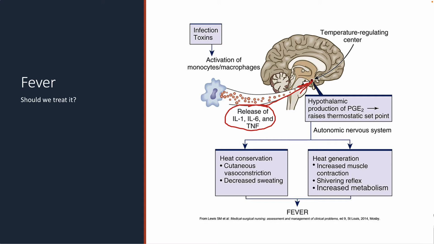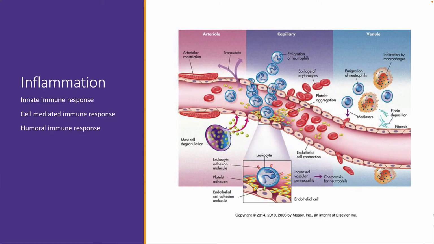And when that temperature regulation center senses these interleukins and tumor necrosis factor, etc., it begins the process of heat generation, and the result is fever. Inflammation, hugely important in this, right? We have an inflammatory response when there's an infection present. Make sure you know this information.